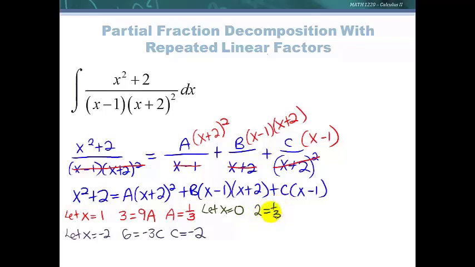I put in the 1/3 for the a, putting a 0 here. 2 squared is 4, so this will be times 4, plus putting 0 here and 0 here, I'll have negative 1 plus 2, so that's going to be negative 2. So this will be negative 2b.